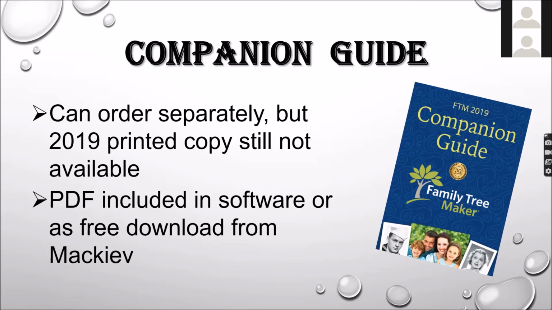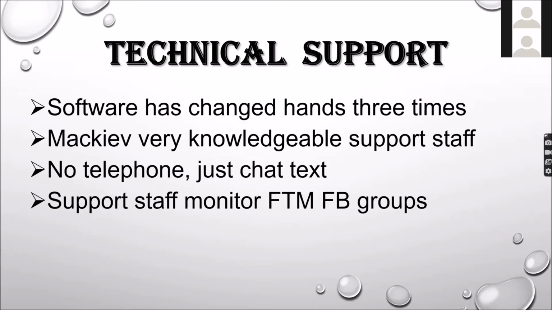However, a PDF of the companion guide is included with the software, or you can download it for free online. So I wouldn't rush out and place an order for the companion guide, although it is nice to hold it in your hands. The bad thing about the PDF is that the book is not 8.5 by 11, so it doesn't print nicely on a piece of paper. It's bigger than 5 by 8, but it's an odd size.